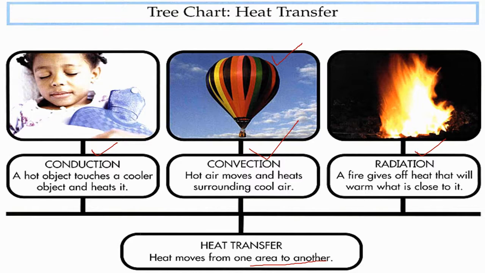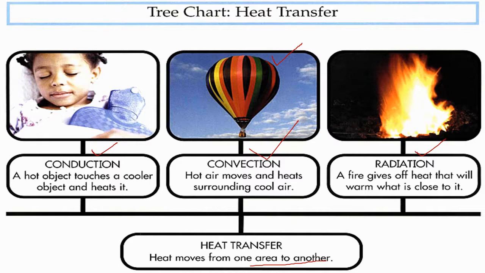This hot air balloon consists of a bag, and this bag is known as an envelope, which contains heated air. So when this hot air balloon moves upwards, high in the air, it heats the surrounding cool air, and this is nothing but convection.